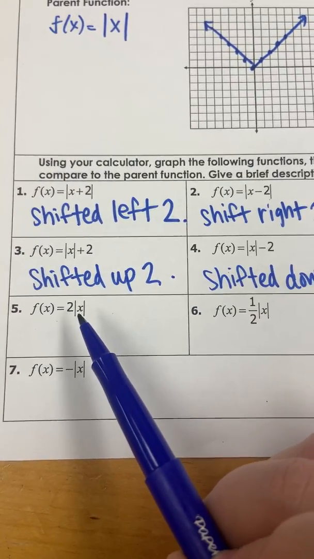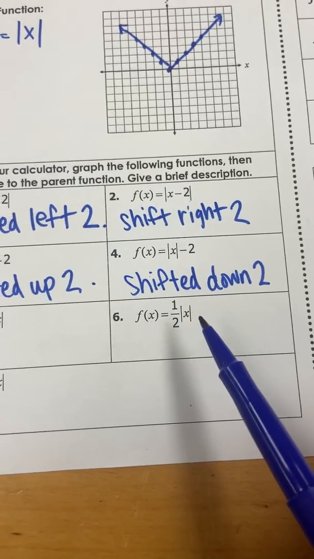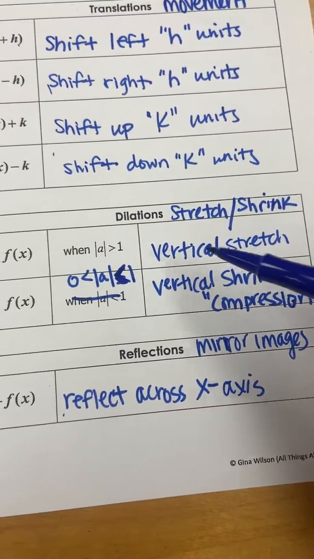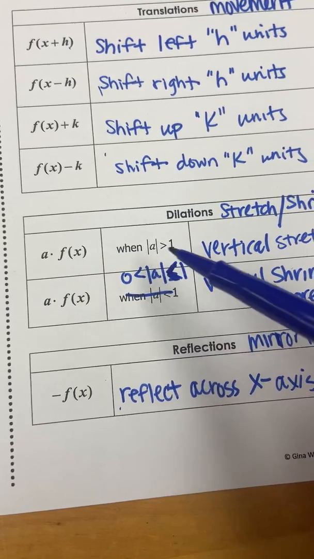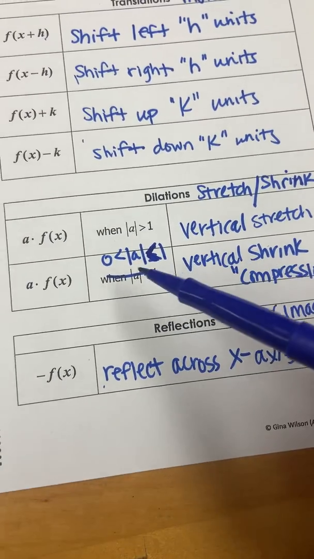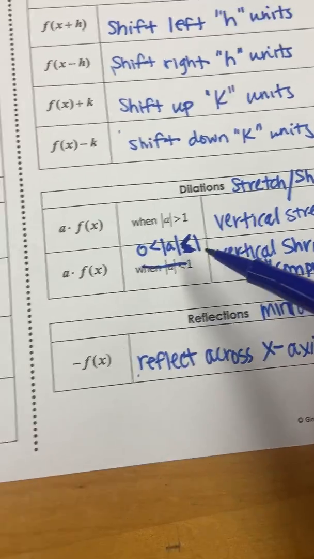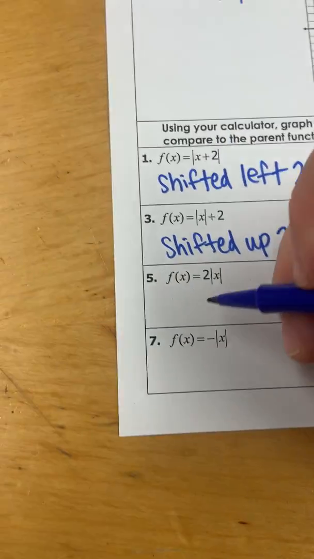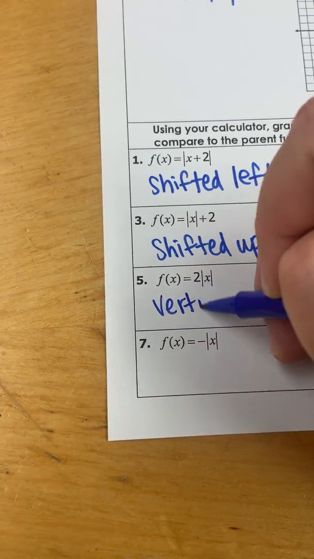This is 2 times the absolute value of x, and this is 1/2 times the absolute value of x. So these are our dilations. And we have a vertical stretch when the absolute value of a is greater than 1, and a vertical shrink or a compression when the absolute value of a is between 0 and 1. So since 2 is greater than 1, you know this is your dilation, or a vertical stretch by a factor of 2.